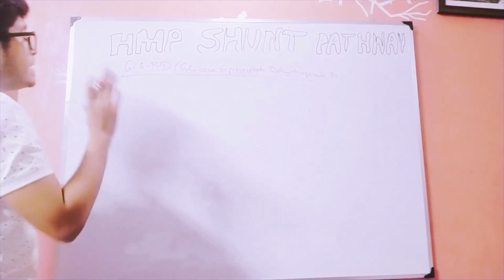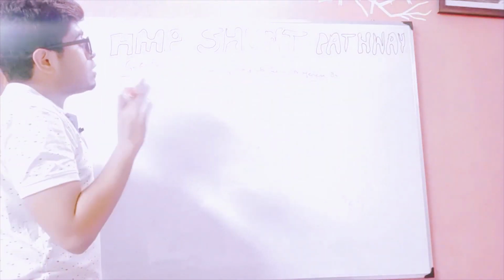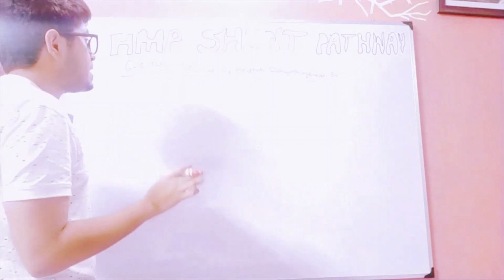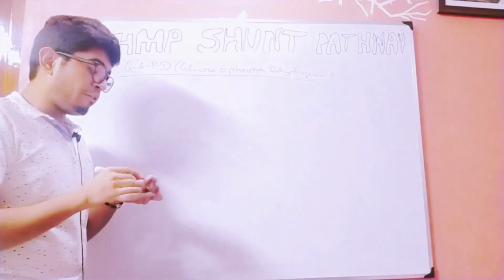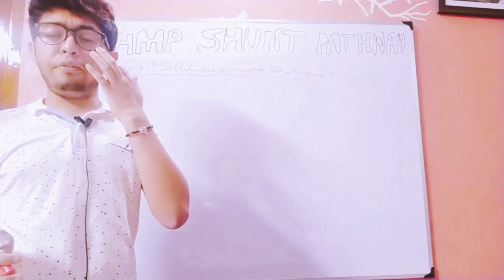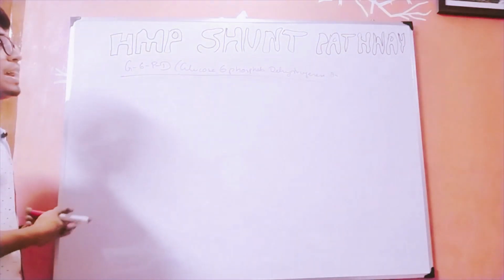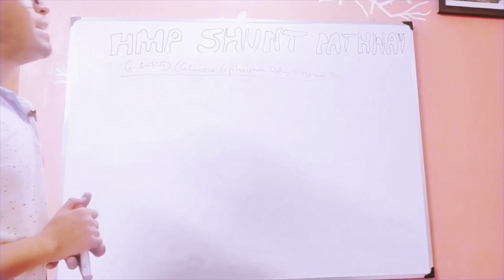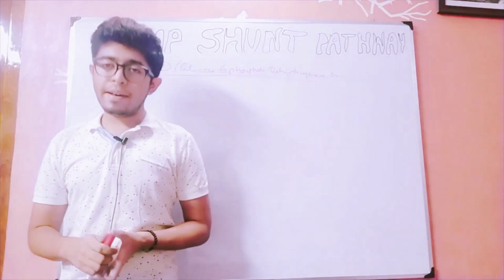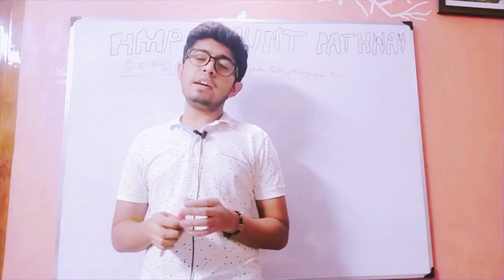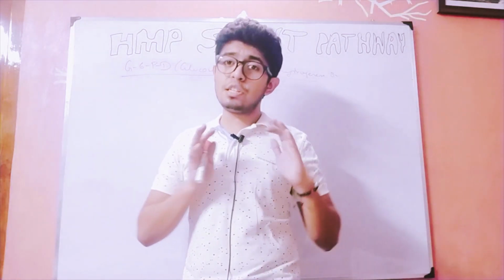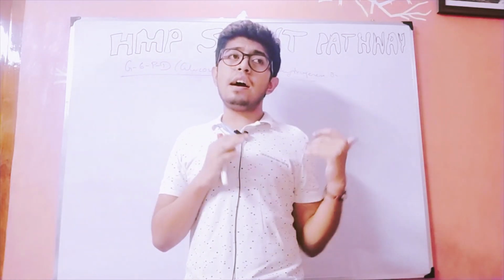This glucose 6-phosphate dehydrogenase is an enzyme which regulates the first step of the pentose phosphate pathway.